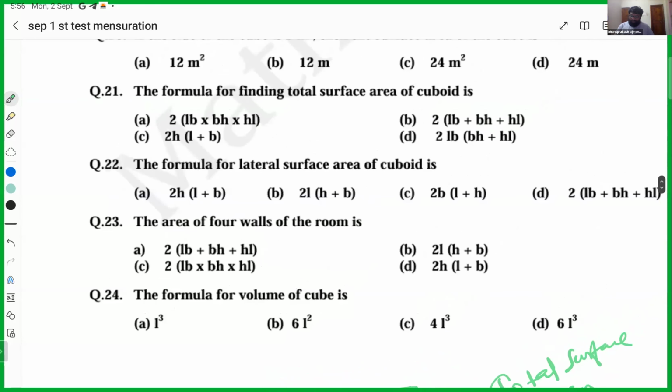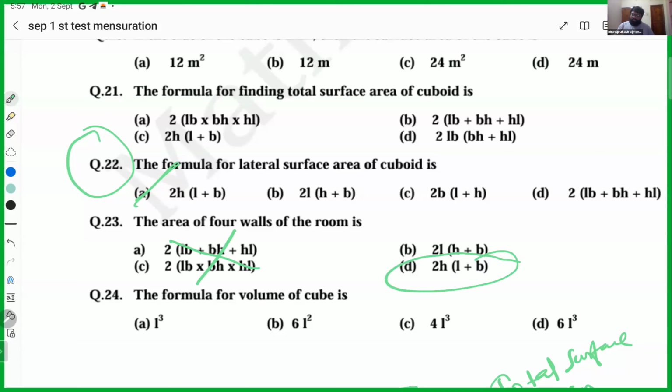So now you tell me what is the answer for 22? 22A, sir. Okay, next. The area of 4 walls of the room. 4 walls means lateral surface, so options A and C for sure. 2H into L plus B is the answer.